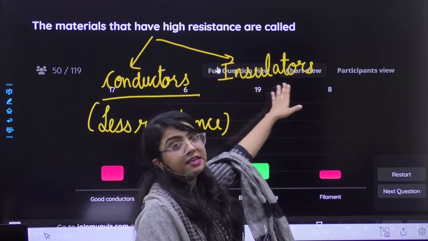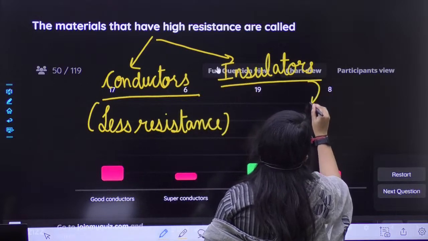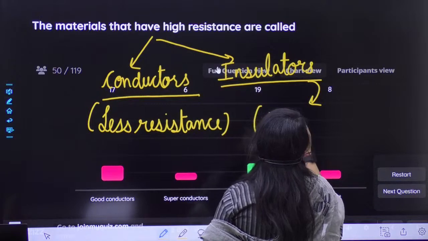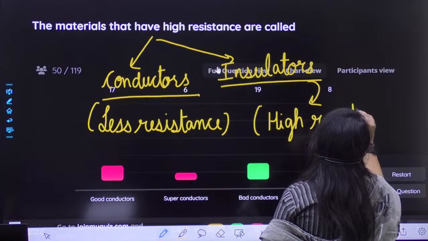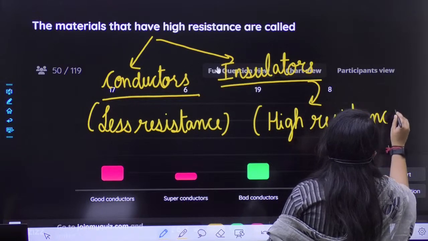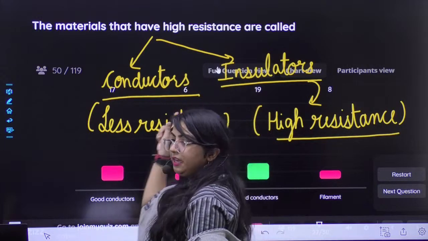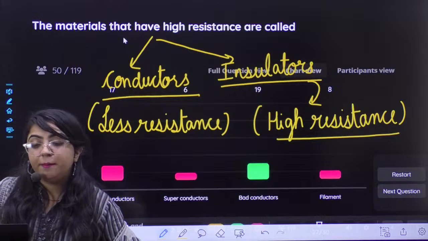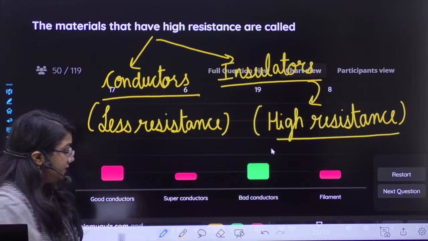Whereas insulators are the substances which do not allow electricity to pass, or electricity very easily pass नहीं हो पाती. So they will have high resistance. So the high resistance substances will be called as insulators or the bad conductors. So यही पूछा था यहाँ पे, the materials that have high resistance they are called bad conductors.